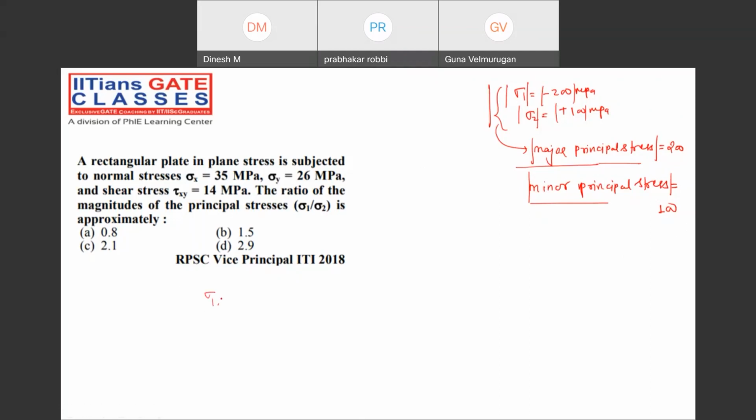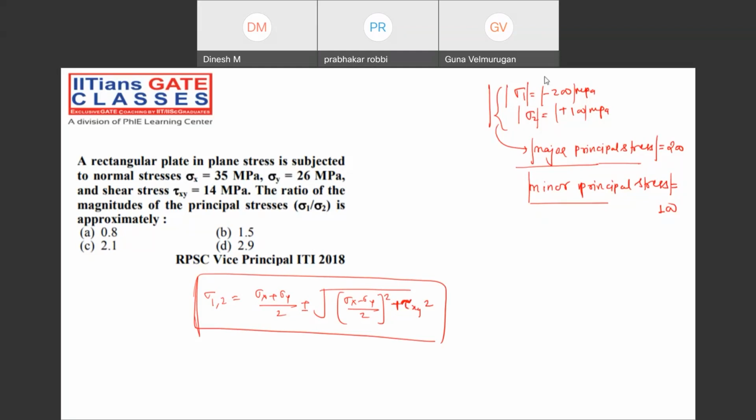Use this formula: sigma 1 and 2 equals sigma x plus sigma y by 2 plus minus the root term. By using this formula, you will calculate sigma 1 and 2. D will be correct then.